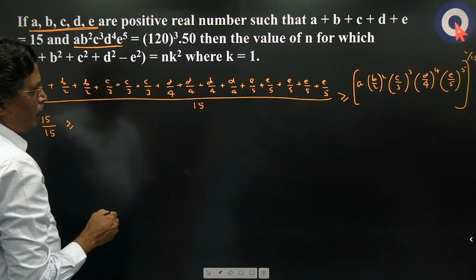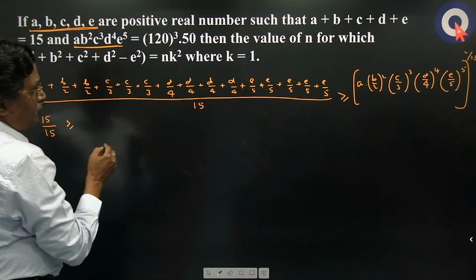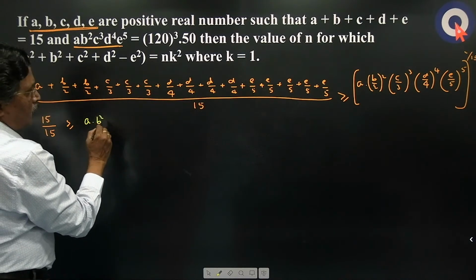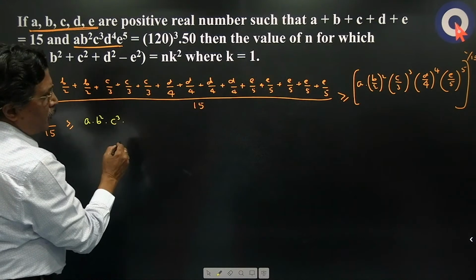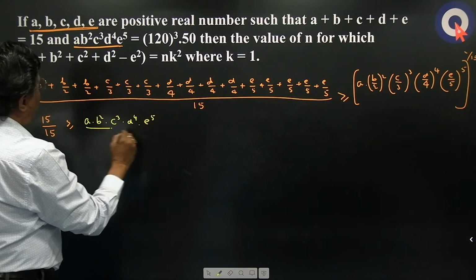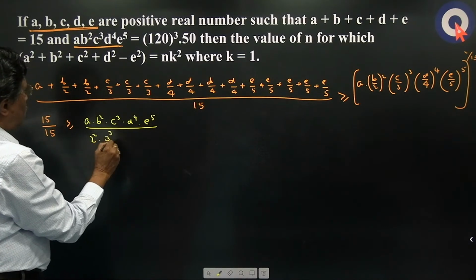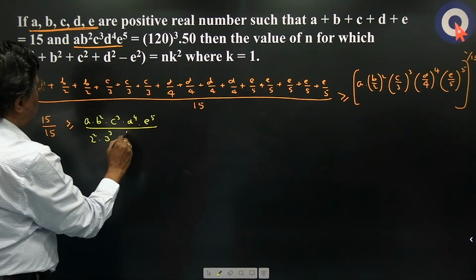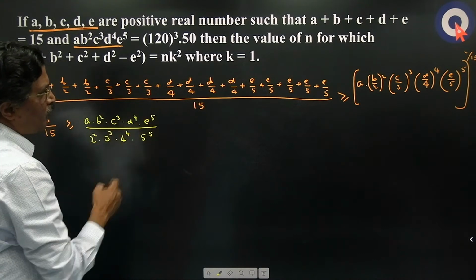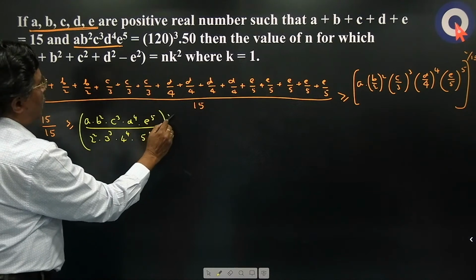Now we shall see that side. So you have there A B square C cube D power 4 and E power 5, divided by 2 square, 3 cube, 4 power 4, 5 power 5, whole power 1 by 15.